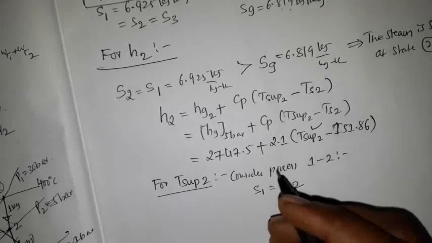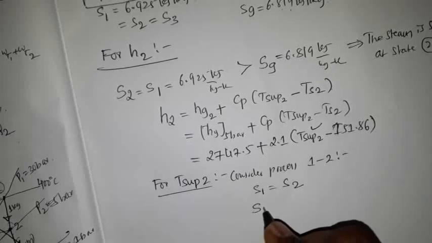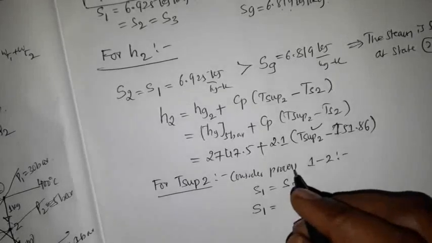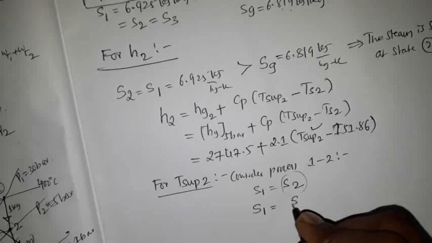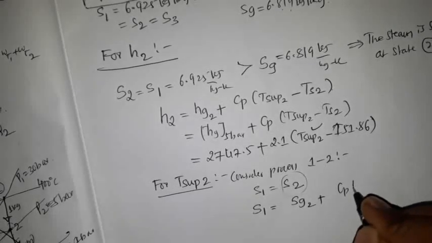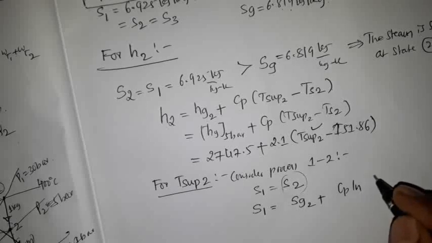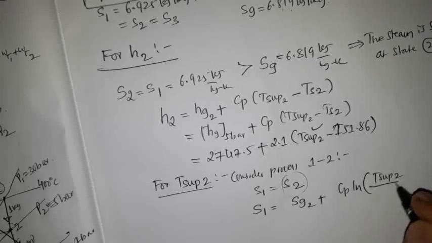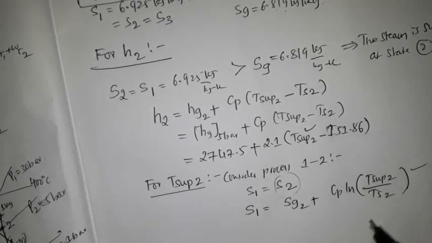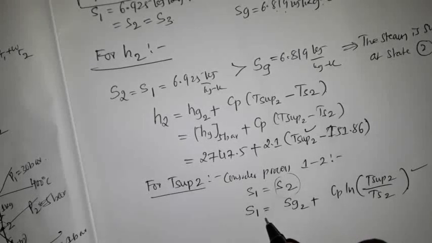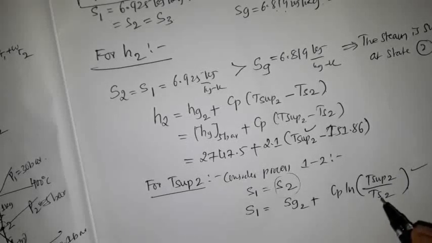For superheated steam, the specific entropy formula, replacing S1 equal to S2, is Sg2 plus Cp ln of T superheat 2 upon T saturation 2. This is the formula from basic thermodynamics that we know already.